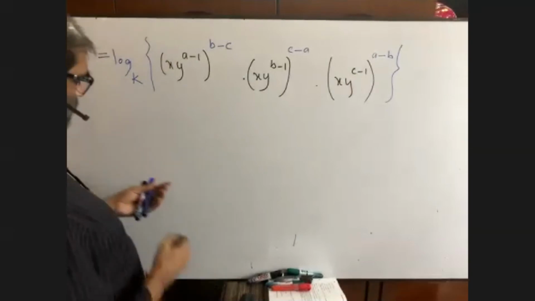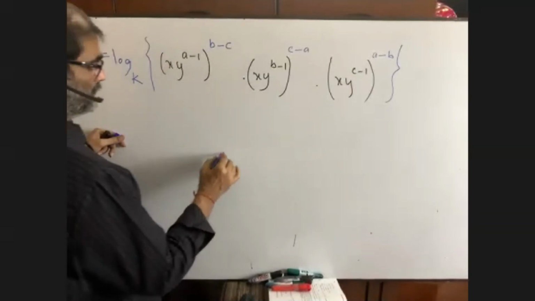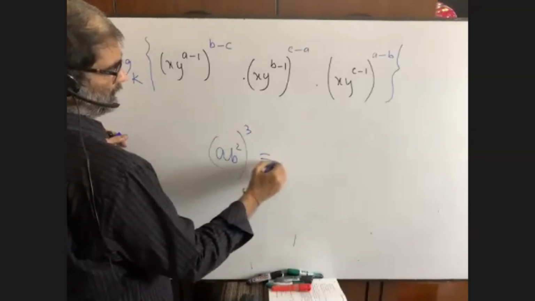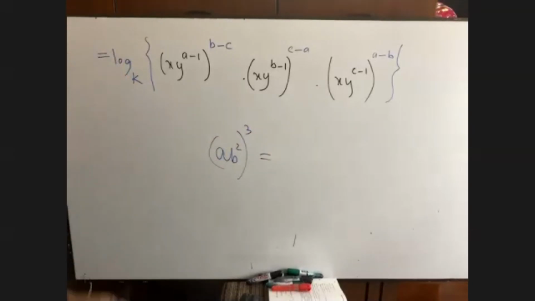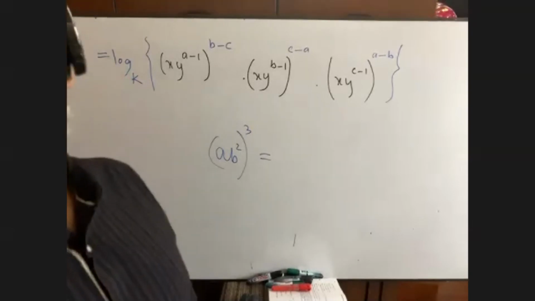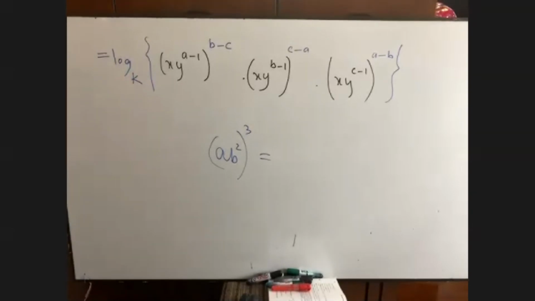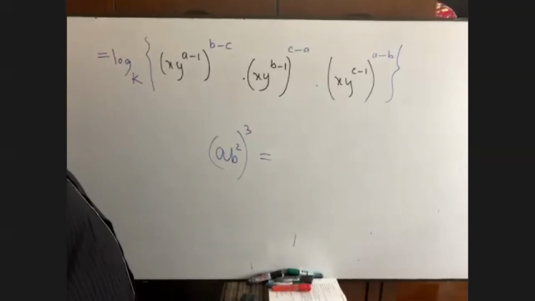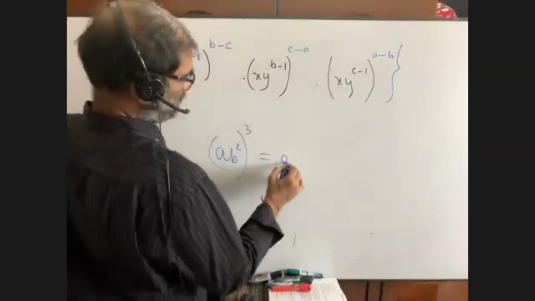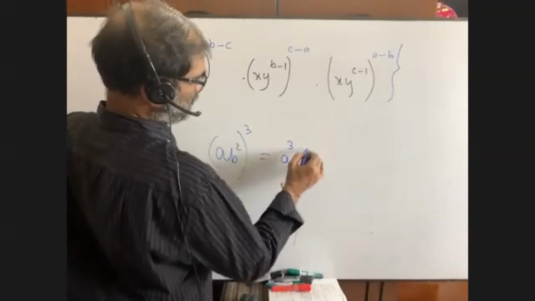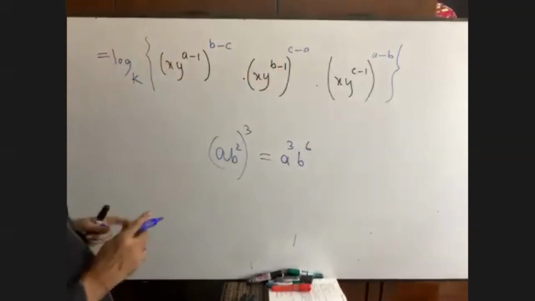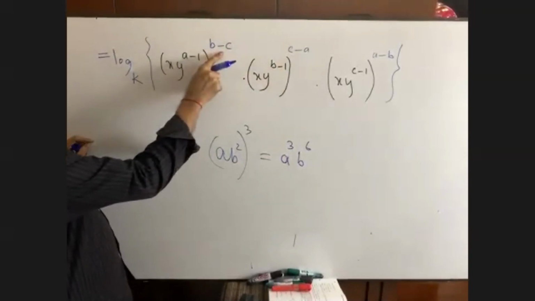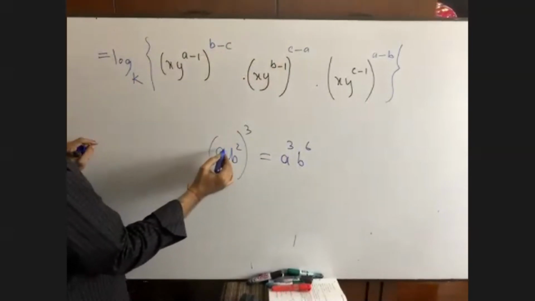Dear student, can you let me know, (ab squared) whole to the power 3 equals what? A cube b to the power 6. That means power of a is only 3, right?